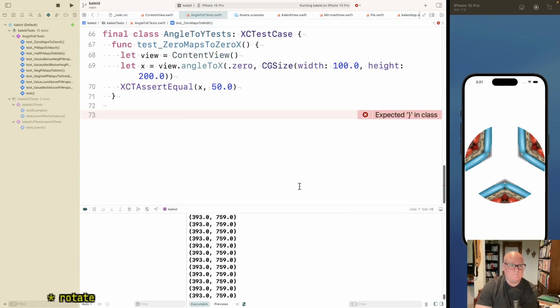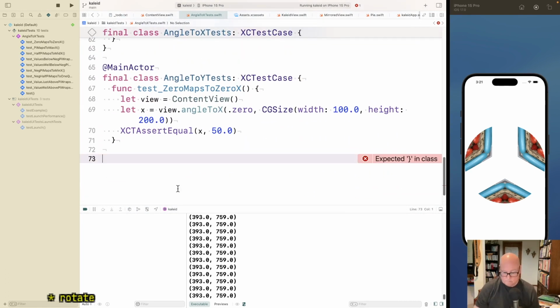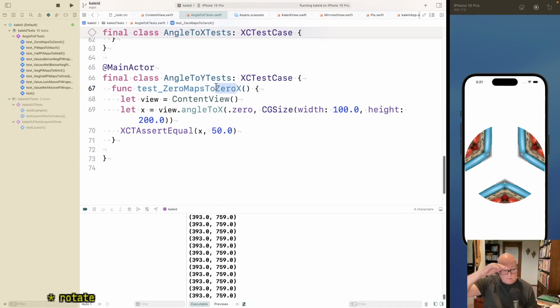Okay. All right. 0 maps to, well, sine of 0 is 0. I remember that much. So 0, it should map to mid y.